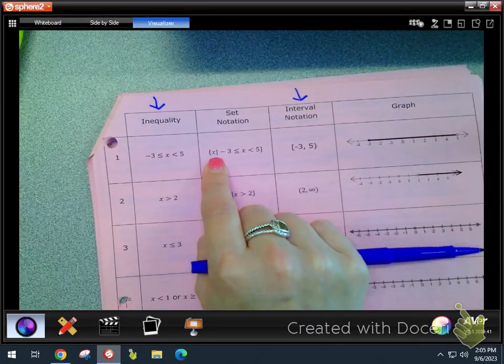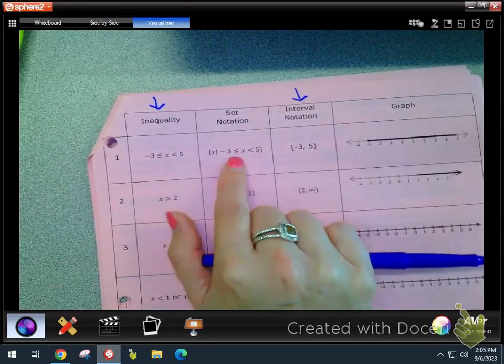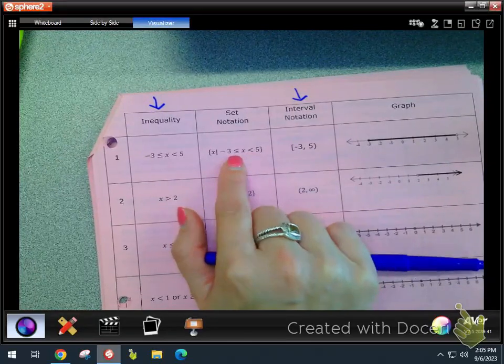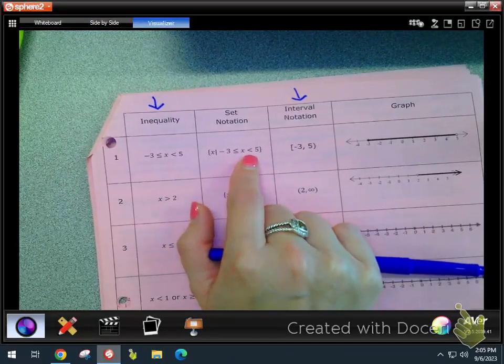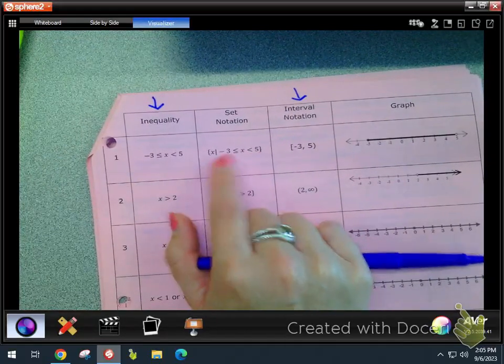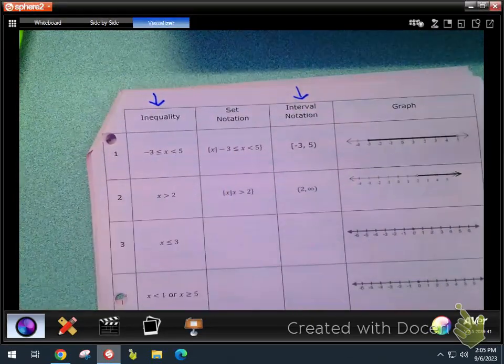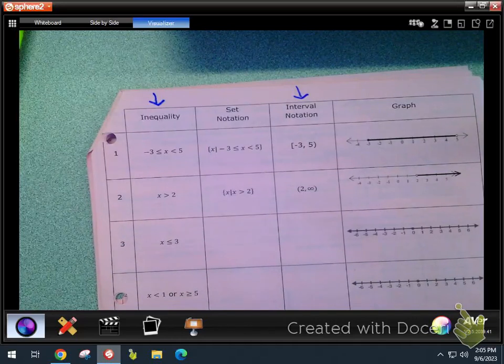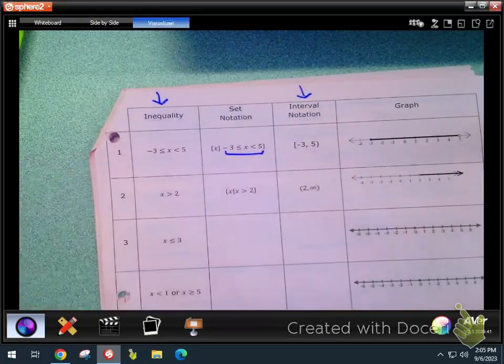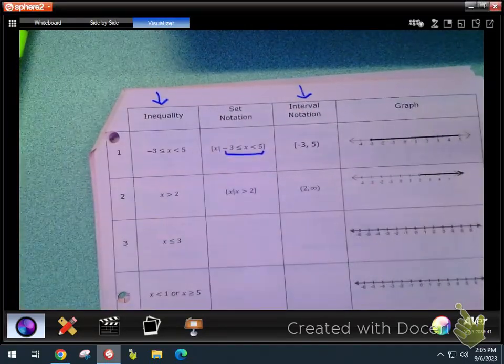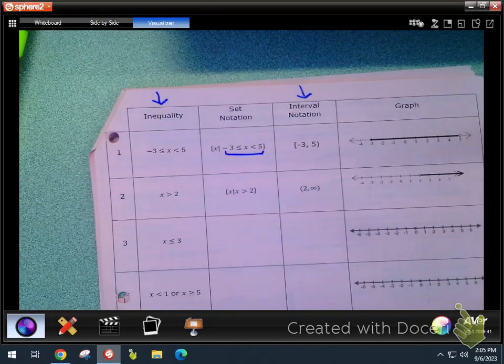Such that -3 is less than or equal to X, less than 5. So the only difference between inequality and set notation is that extra little squiggle on the front: X such that. It's not that important for what we're going to do, but if you see it on the SAT, just pay attention to this guy. This is really where your boundaries are going to be. Okay, so no stress about that.